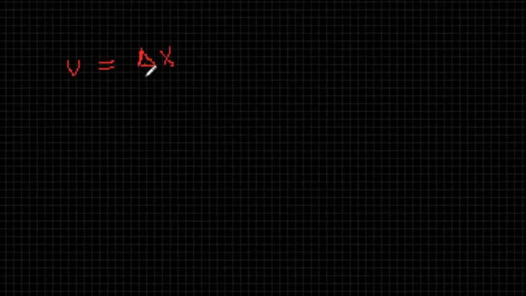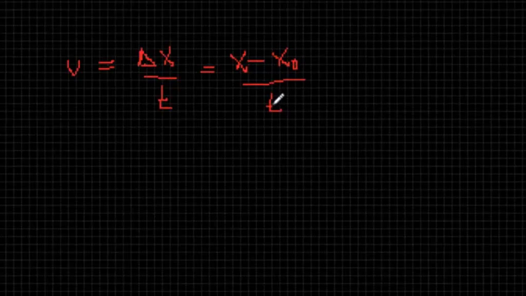Let's try it. Now we know that velocity, which is speed, equals the change in distance, delta x, over t. Velocity equals distance over time. And we know this from speed in cars, miles per hour, etc. The change in x is x minus initial x over time.